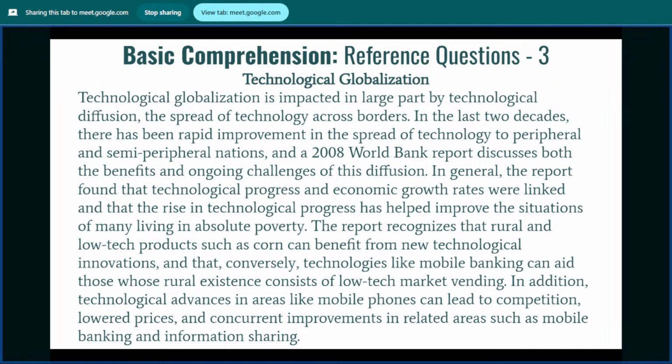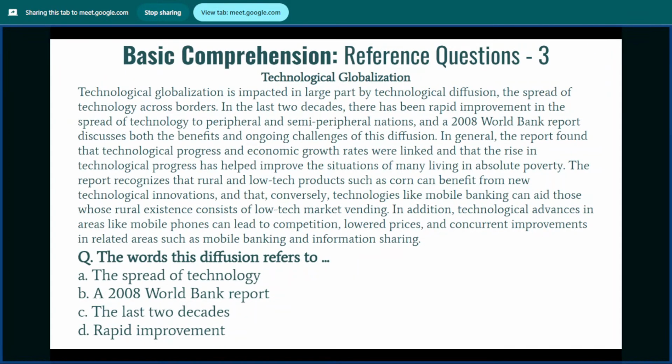Okay. Try one more. Read this passage, then I will show you the question. Are you able to read this? Yes, ma'am. The passage is a bit small. If you joined from a laptop, then you will be able to read it.